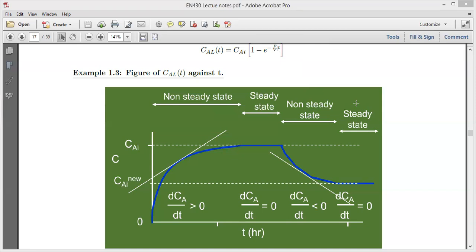Yeah, so I was still looking at the example we've been given for the Mazoe and the water. So now dCA over dt is less than 0.